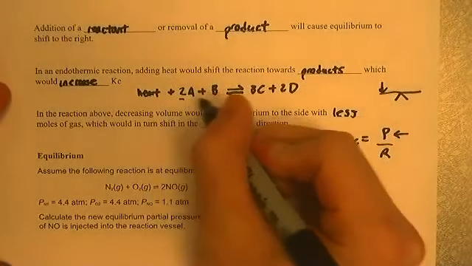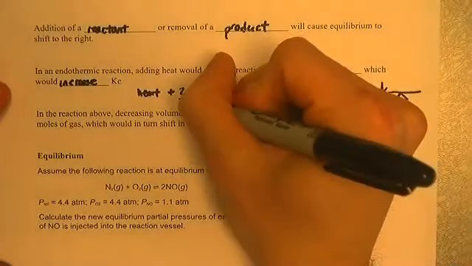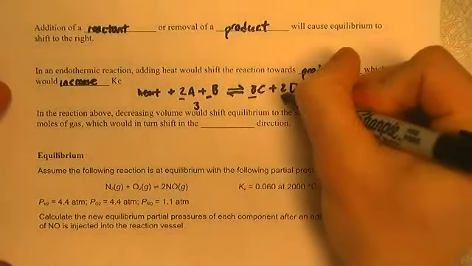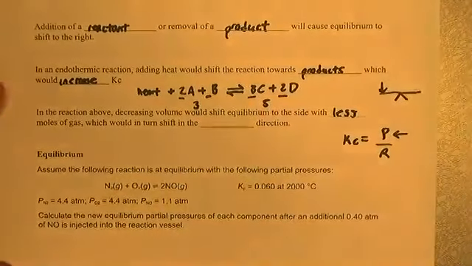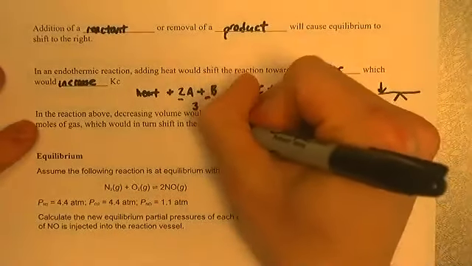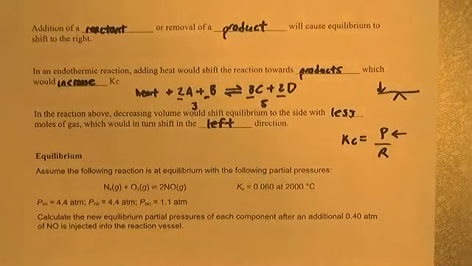We have 2 here, and we have 1 here. So we have 3 moles of gas on this side. And then we have 3, and we have 2 here. So we have 5 moles of gas on the right side. Which side has less moles of gas, left or right? Left. So it would shift in the left direction because there are less moles of gas.